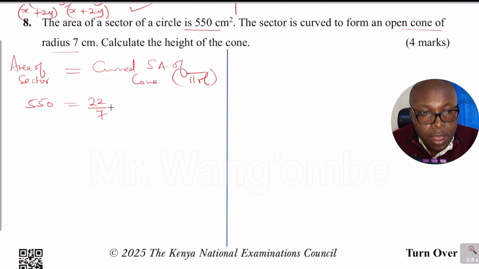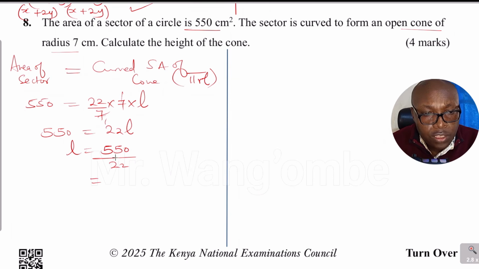So pi r, radius is 7, times L. So you can get L from this equation. So by 7, 1 by 7, 1, 550 will be given by 22L, and therefore L will be 550 divided by 22, and this will give 25 centimeters. So that is the slant height of the cone.